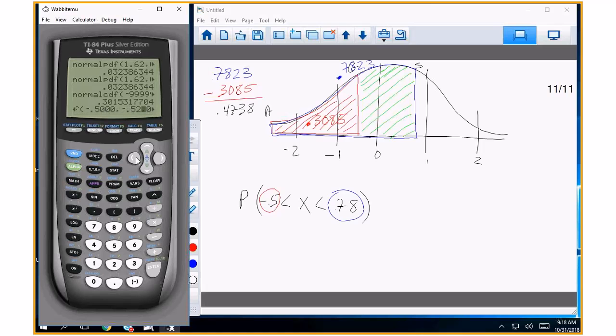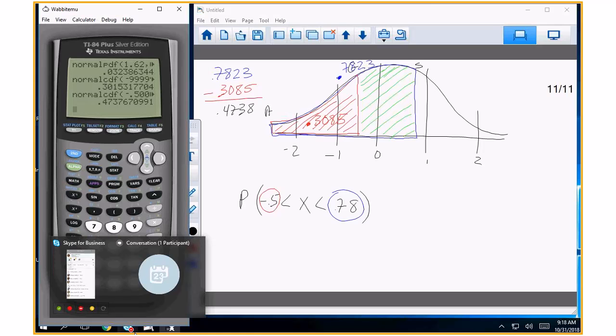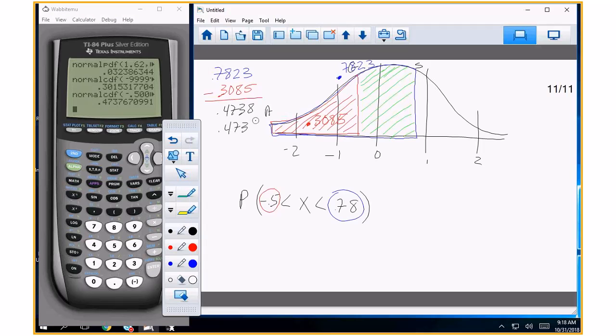And then 0.78. Insert comma, there. And enter. 0.4738, it's a miracle. And you notice they're both the same.